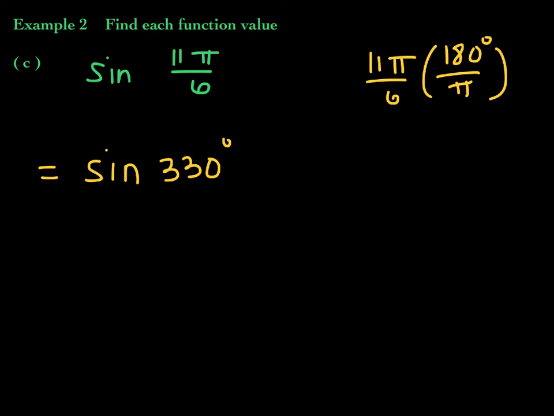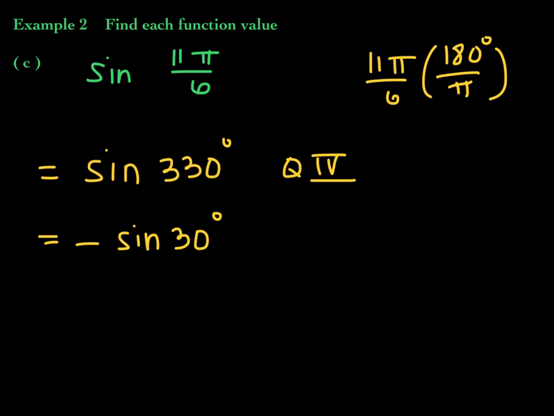Now, this is quadrant 4. So we already know our final answer will be negative because we're in quadrant 4 and speaking about sine. Your reference angle here is 30 degrees. So sine of 330 degrees will be equal to the opposite of sine of 30 degrees. The negative sign is here because we're in quadrant 4 and our answer should be negative. 330 degrees is in quadrant 4, so we just subtract 330 from 360 to get 30 degrees.